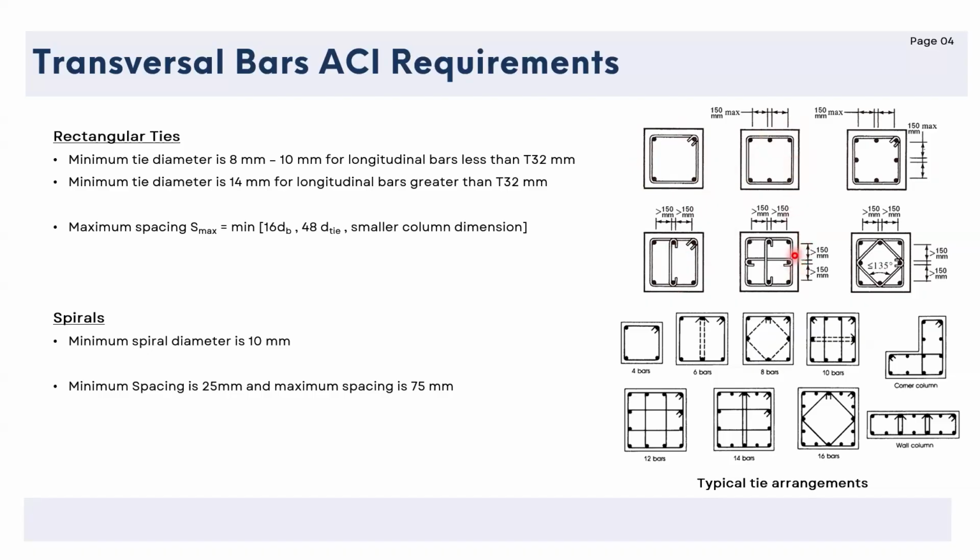And also if we have this type of column, one bar in the middle, we can either put hooks or we can avoid the hooks, or we can put an inclined tie like this. Depends on the design office, depends on the shear requirement, depends on a lot of factors, also on the location of the building and the exposure of the column and whatsoever. So these are just some typical arrangement of the reinforcement.